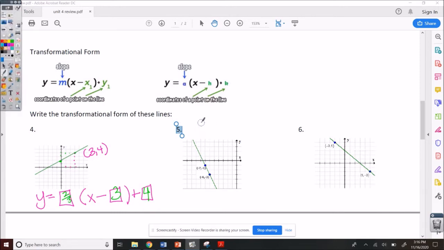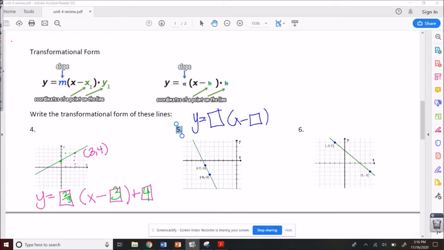Okay, for number 5, I have y equals, and there's my a, x minus h plus k. So it's telling me where I'm moving. Remember on my parent function, this is telling me how I'm moving. So I moved my point over 7 to the left and down 1.